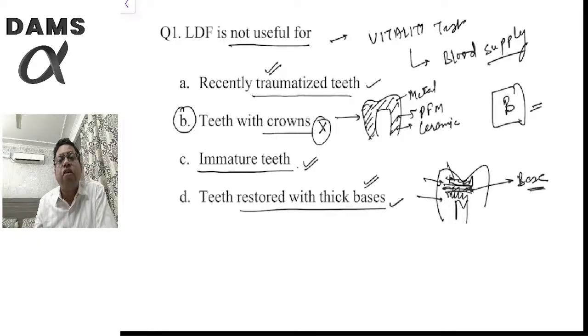Solid carbon dioxide, all of you know, is one of the coldest available testing agents. So it is cold enough to penetrate the metal, PFM, or full ceramic crowns and elicit a response from the pulp. But you should remember that solid carbon dioxide would not detect the true vitality of the pulp. It only detects that there are viable sensory nerve fibers present in the pulp. So LDF is not useful for teeth with full coverage crowns.